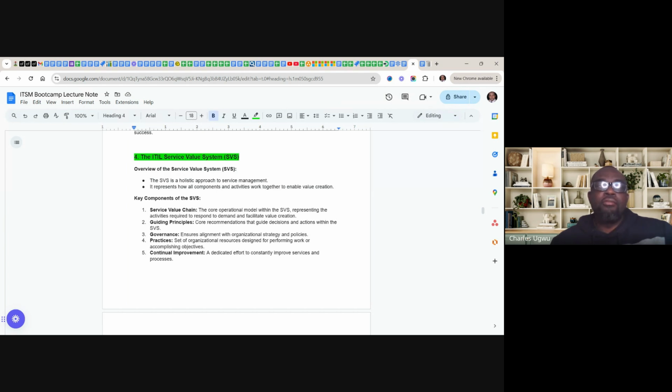So these are the theoretical aspects of it. We need to have at the back of our mind, even if we don't understand anything from this, that ITIL focuses on value creation.